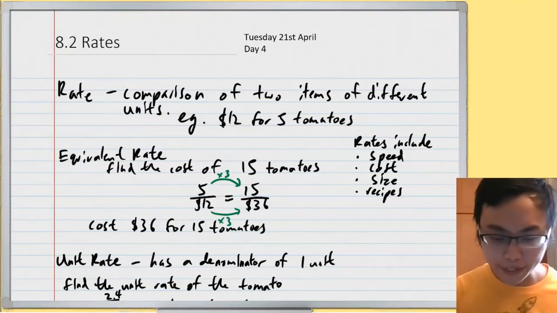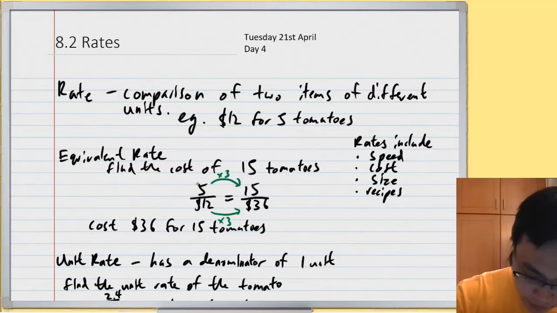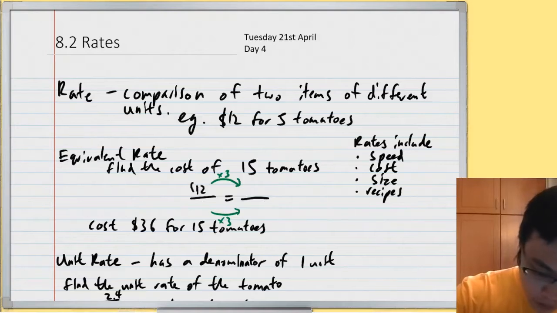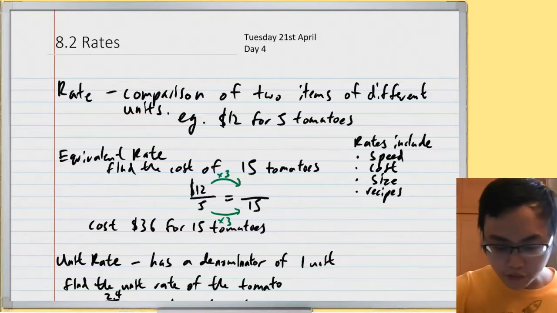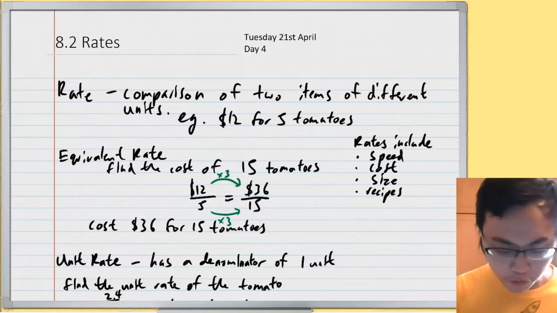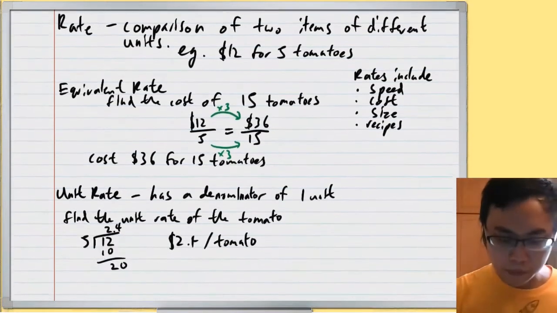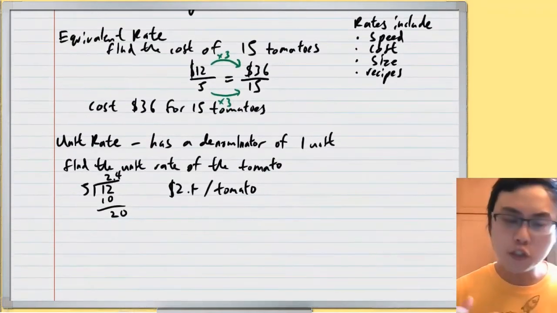You might have to go back and change that. 12 should be at the top and 5 should be at the bottom. So that's going to be $12 over 5 tomatoes, and then 15 at the bottom, and 5 times 15, and then that's going to be 36. Let me just quickly change that. I'm sorry for confusing all of you. I should have rewritten it better at the very beginning.